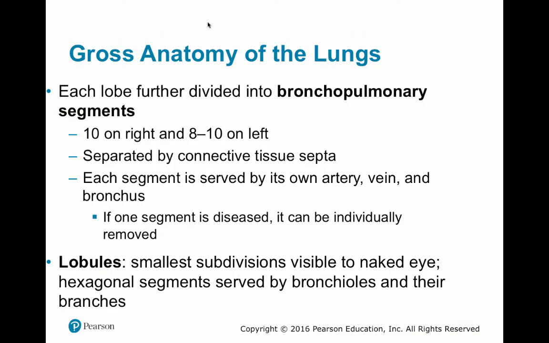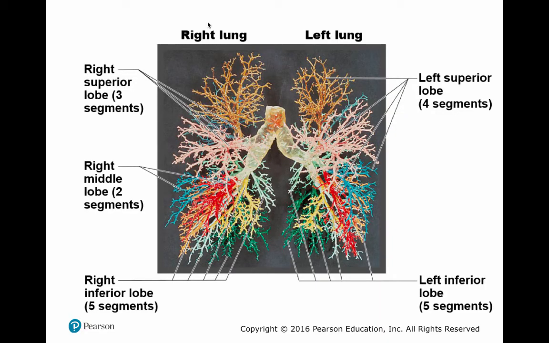This further shows you the different segments. So the right superior lobe is divided into 3 segments. The right middle is 2, and the right inferior is 5. And then on the other side, you have 4 and 5.